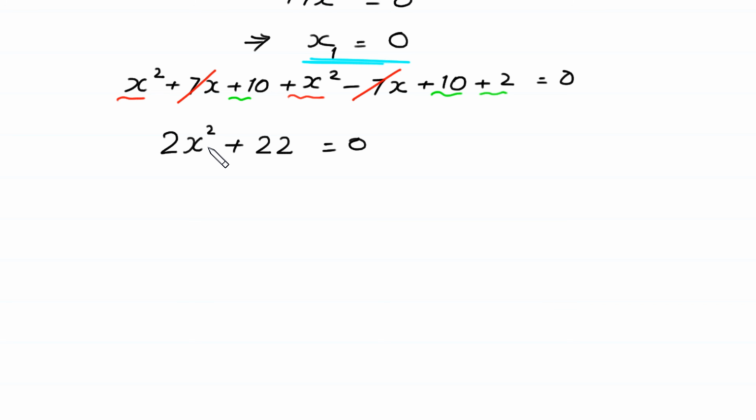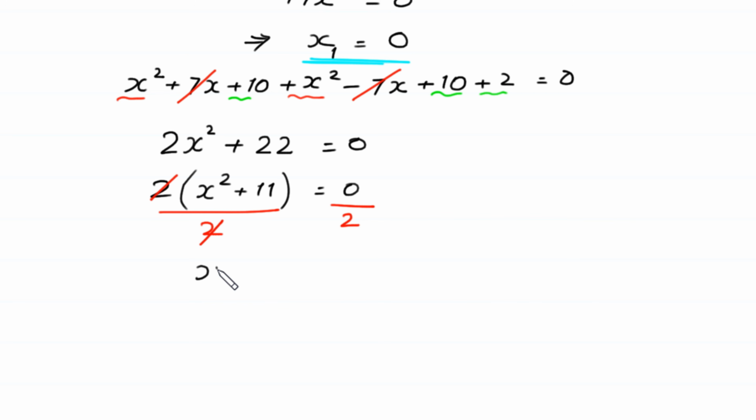Now from these two terms we can factor out 2 as a common factor, and in bracket left x squared plus 11 is equal to 0, and from here we divide both sides by 2. At right side we divide by 2, so this 2 will be cancelled with this 2, and at left side left x squared plus 11 is equal to 0 divided by 2, 0.